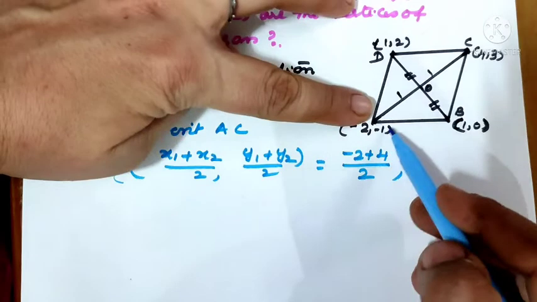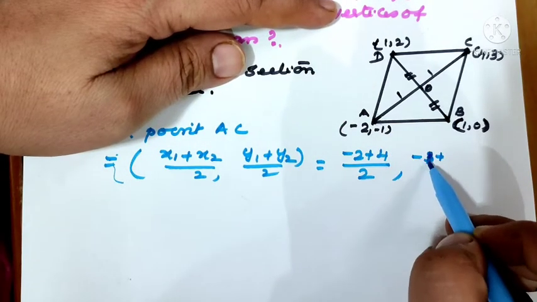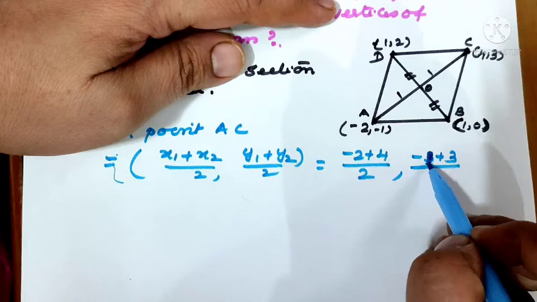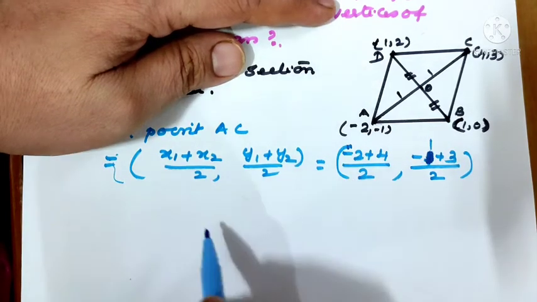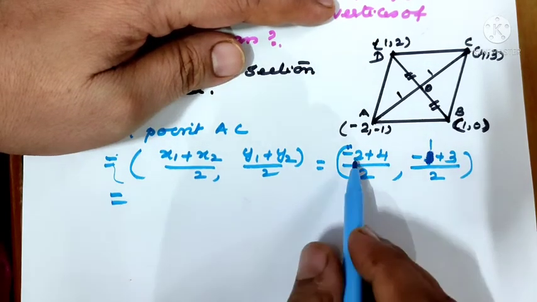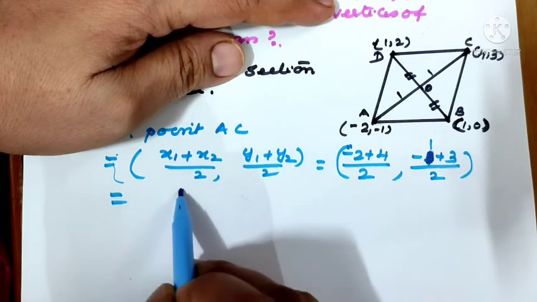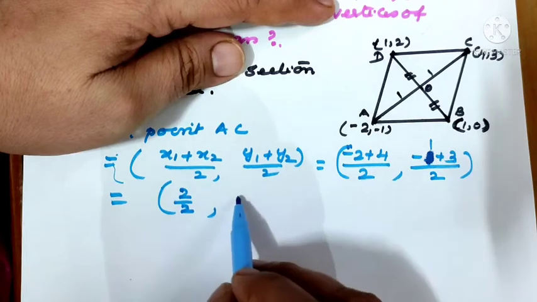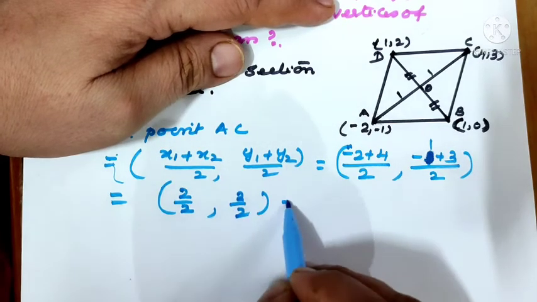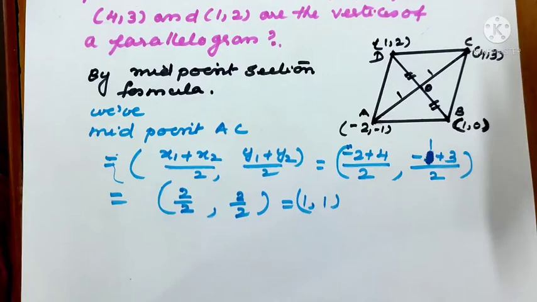The y values, -1 plus 3, is 2, divided by 2, in the open bracket. Simplifying: -2 plus 4 is 2, 2 by 2; again -1 plus 3 is 2, 2 by 2. That means (1, 1) is the midpoint of AC.